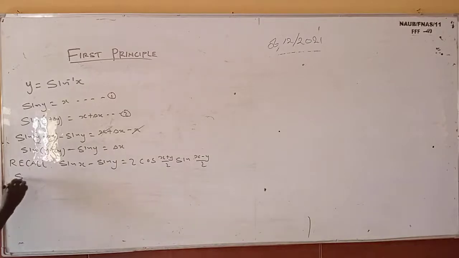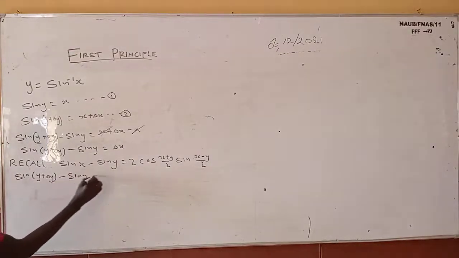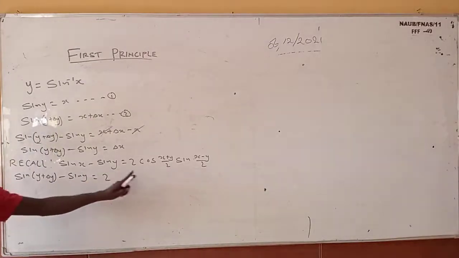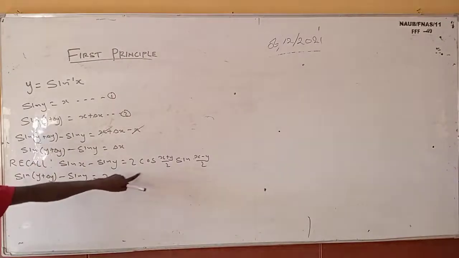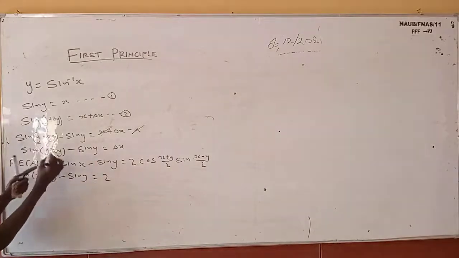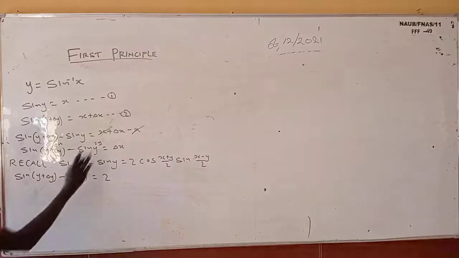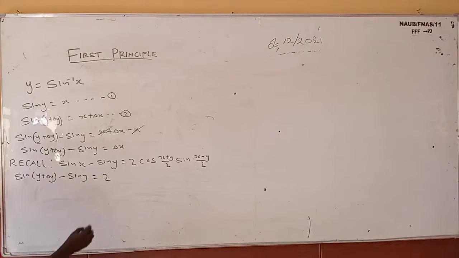So now it means that sine of y plus change in y minus sine y, now we want to compare this with this, which is equal to 2 cos... So if we are comparing this with this, anywhere we see s in this expression we replace it with this. It means this will be equal to s and this will be equal to y.